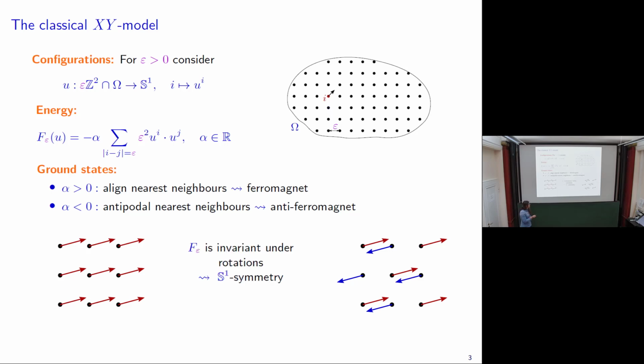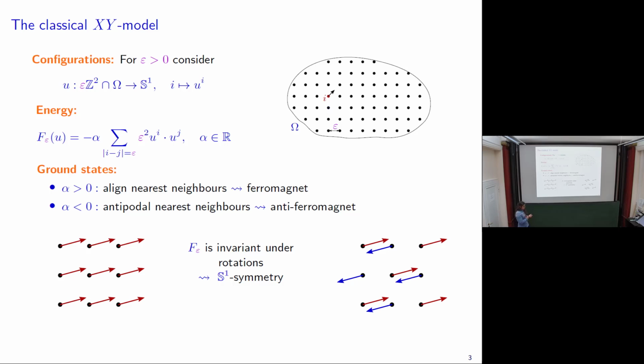Of course, this energy has a feature which is the invariance under global rotations, which is also referred to as S1 symmetry. So every rotation of this ground state will be another ground state, similarly here for the ferromagnetic model.